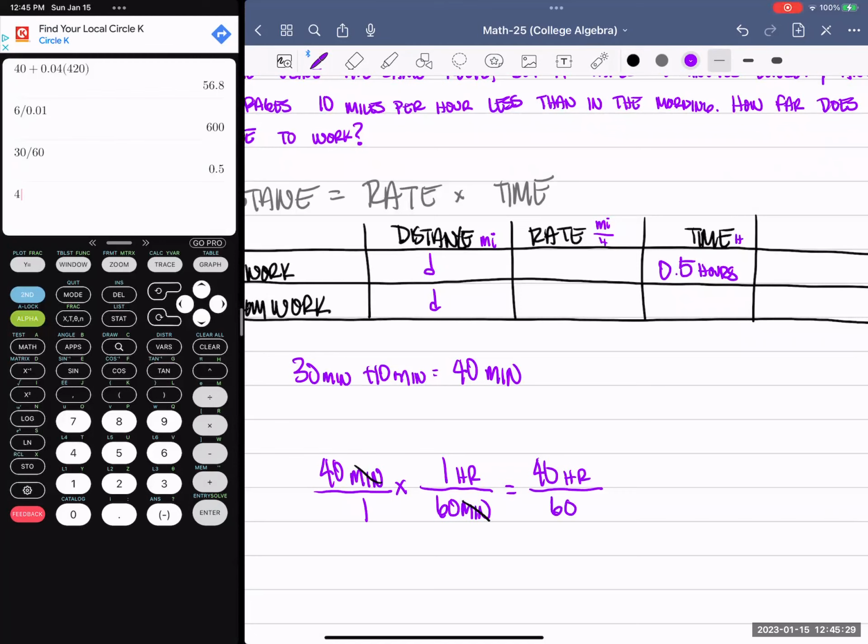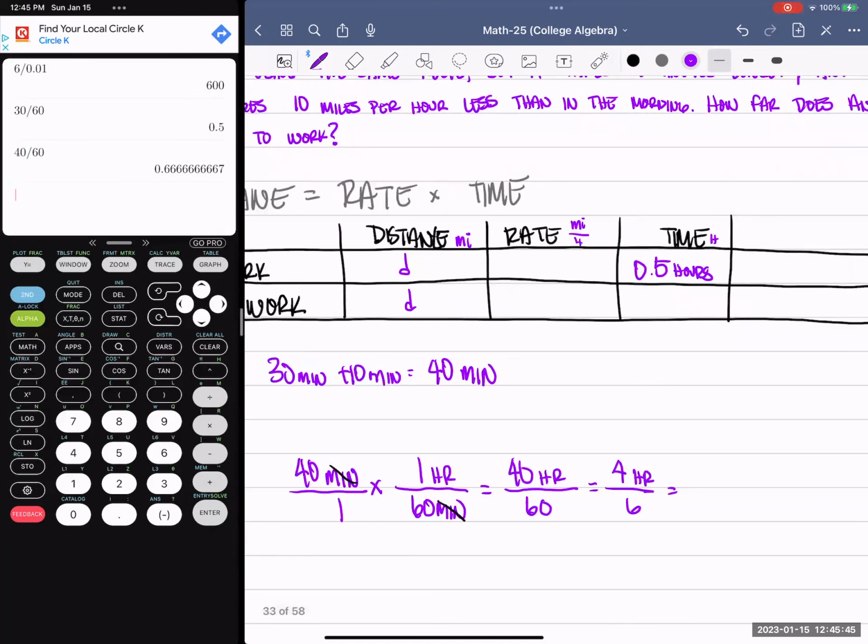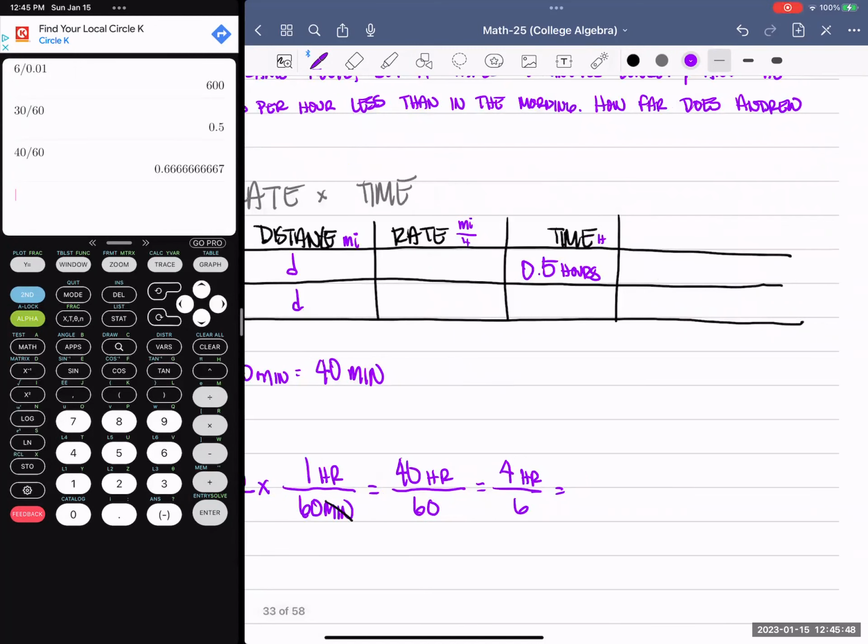It doesn't seem like this is going to be a nice decimal, so we could leave this in fraction form by just reducing it. Divide both top and bottom by 10, we end up with 4 hours divided by 6. And divide both top and bottom by 2, that's going to be 2 over 3 hours.